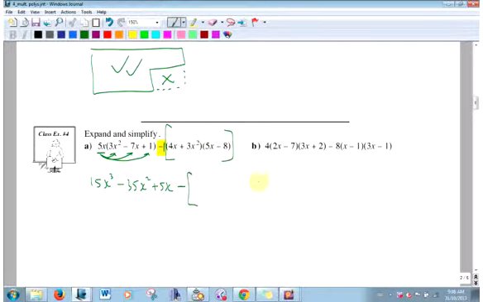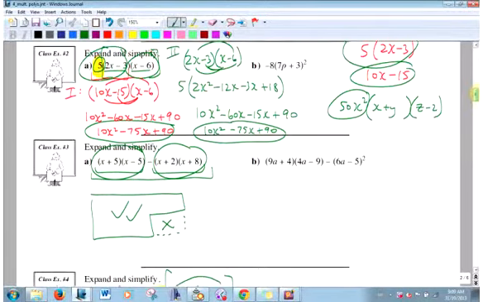Let's FOIL this and see what we get. Okay? So 4x times 5x is 20x squared. Outside, negative 8 times 4 is minus 32x. Inside is 15x cubed. And then finally, negative 8 times 3 is minus 24x squared. Okay?